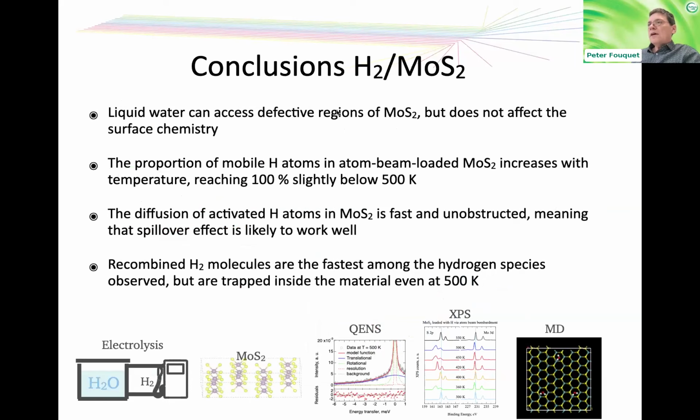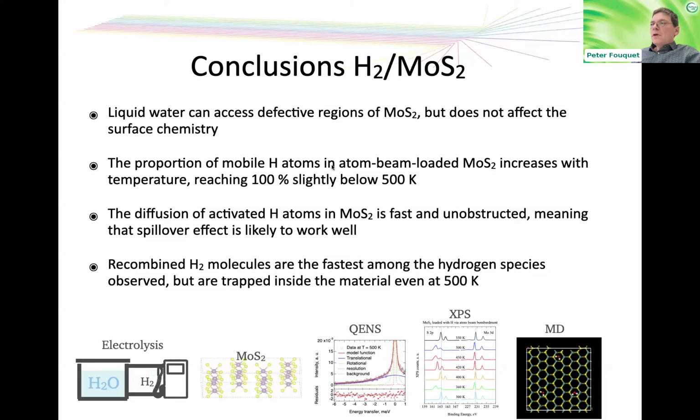And what we found is that liquid water, as you would expect, normally does not do real chemistry there, but you can access defective regions of the samples, so you have quite strong water uptake, but it doesn't go subsurface.